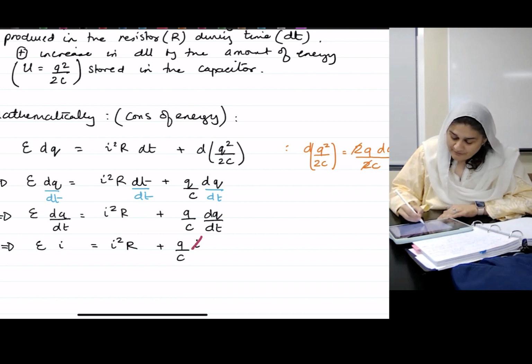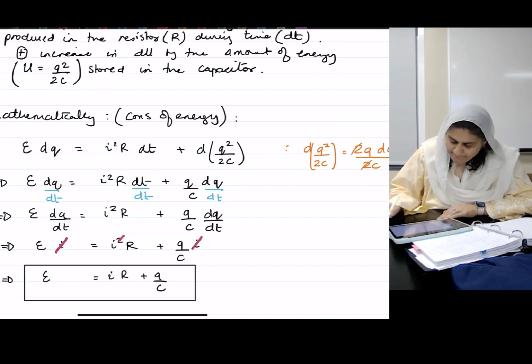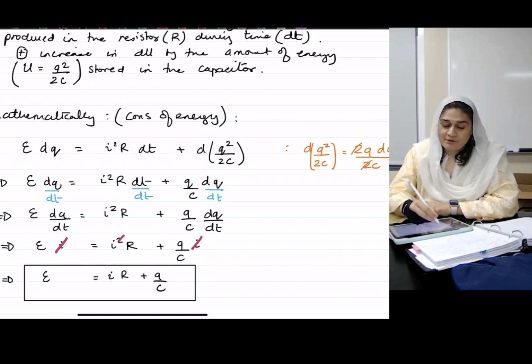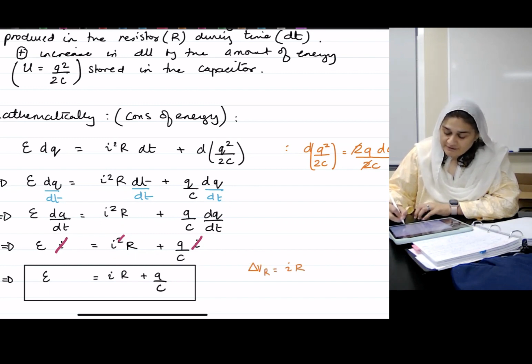Or, as it should be, because what do we know about delta V across R and delta V across C?